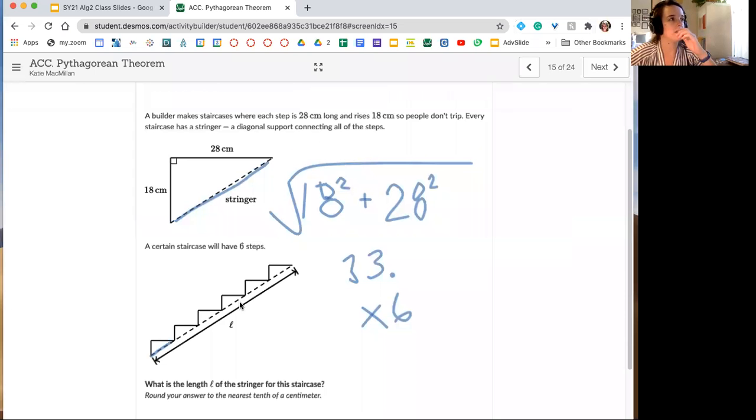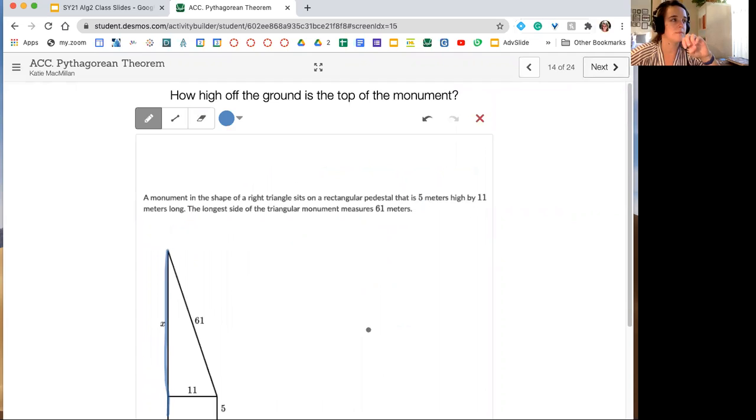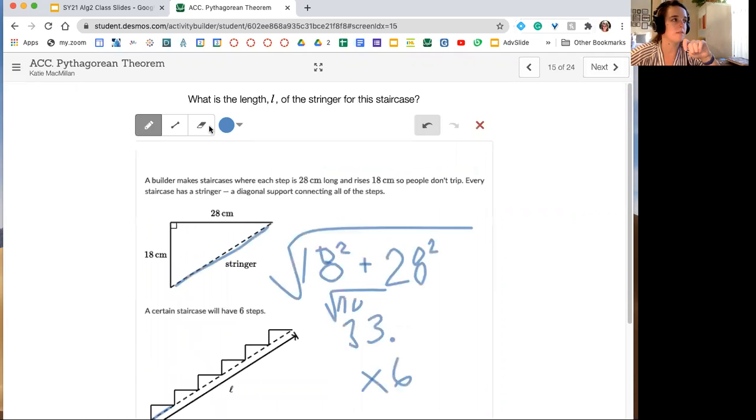Okay, hey team, I want to talk about 15 really fast. I'm seeing a lot of wrong answers based on rounding. So when you do this, you should get the square root of 1,108.